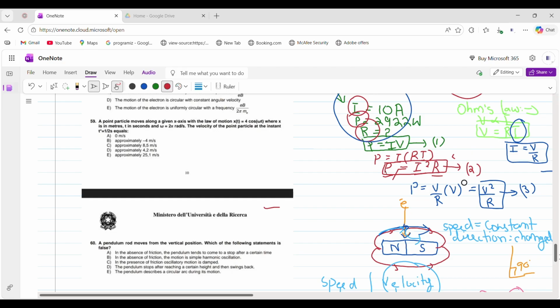Omega is 2 pi radian per second, and radian per second is the unit for angular frequency. So basically omega is angular frequency, 2 pi. The velocity of the point particle at the instant of time they have given us, 1 by 2. At 1 by 2 second, they have asked us to find velocity.